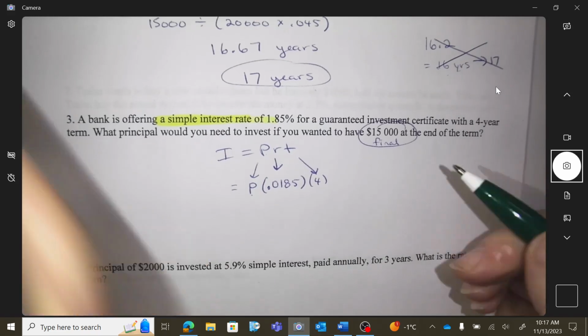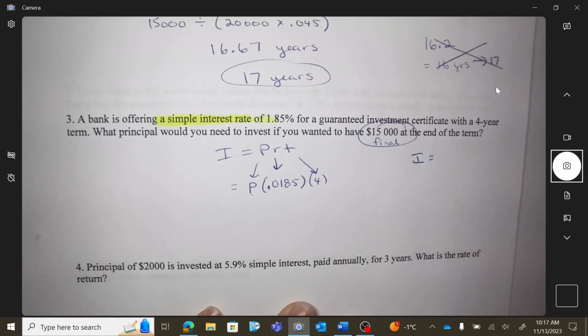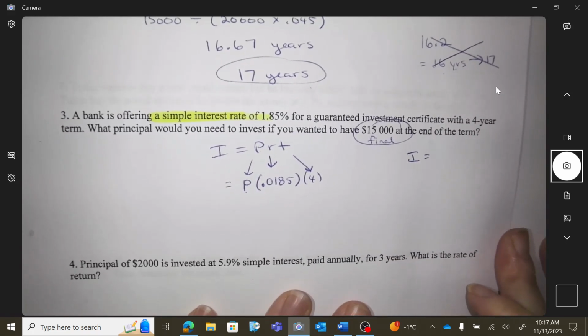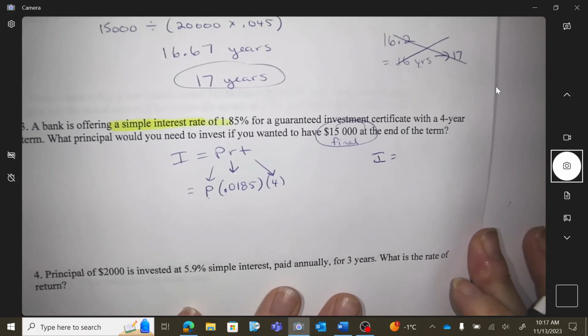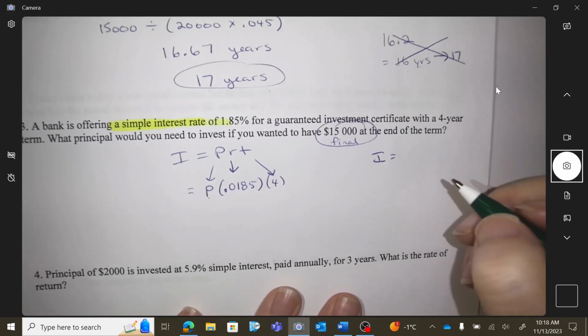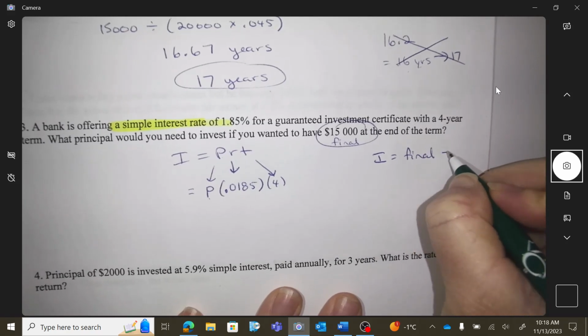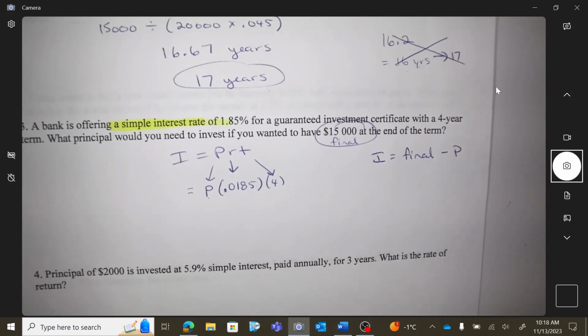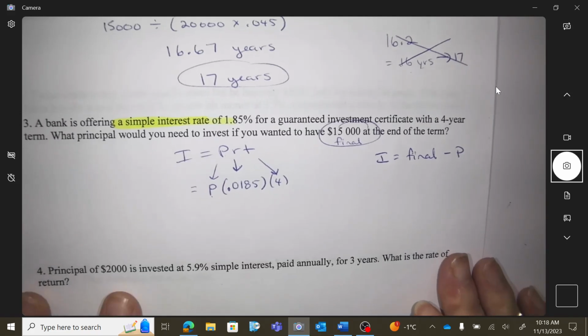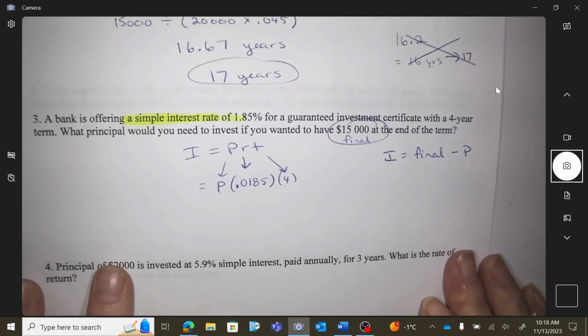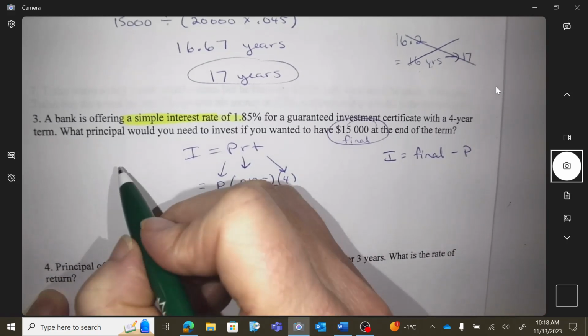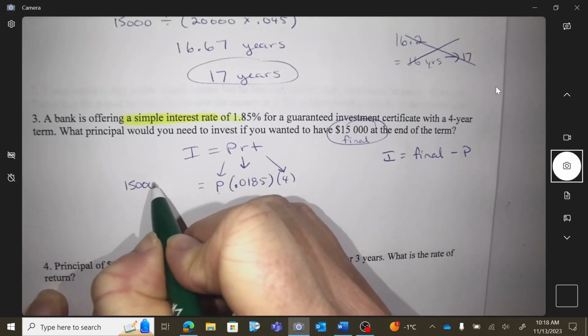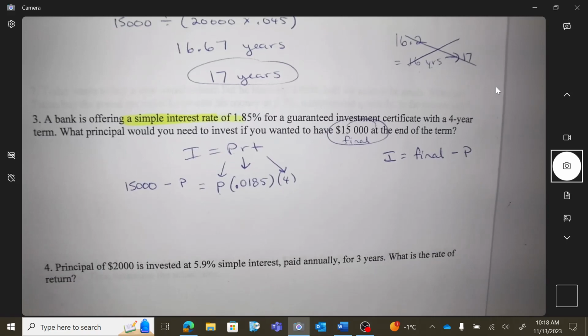What's a little side formula for interest? How do you calculate interest on the side? What in words? Interest is always the final minus the principal start. So would you be okay if I replaced the interest with 15,000 minus the principal?